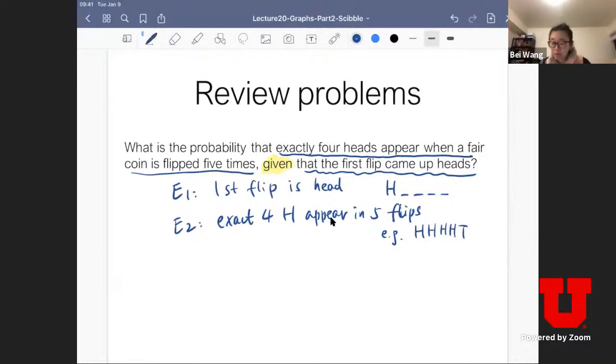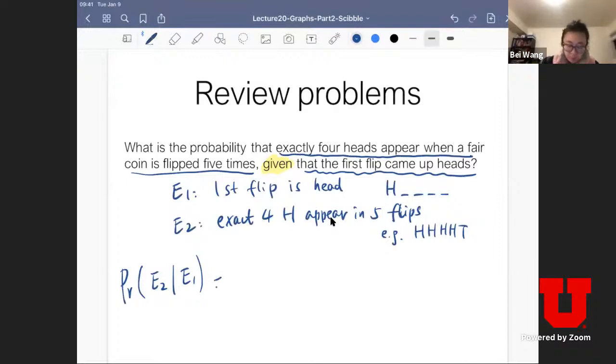But what the problem is asking for is conditional probability, which means what is the probability of E2 given E1? This is the translation of the problem statement: what is the probability that exactly 4 heads appear in 5 flips, given that the first flip is head?